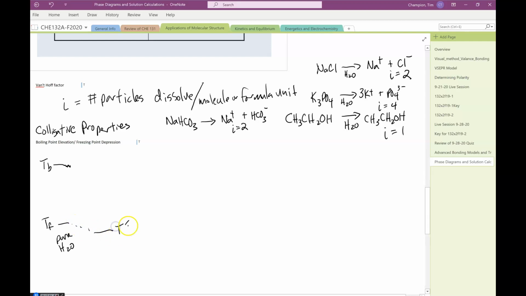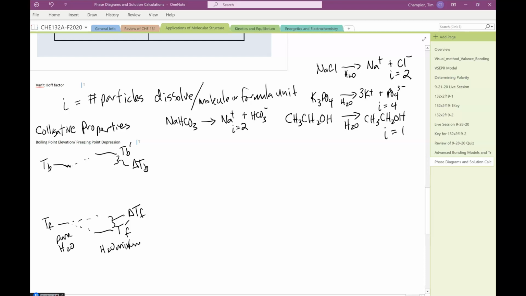This is for a water mixture, and that difference there we're going to call delta T sub F, the difference between the normal and the mixture. And then our boiling point will go up. T sub B prime is the boiling point of that, and the difference between those is delta T sub B.